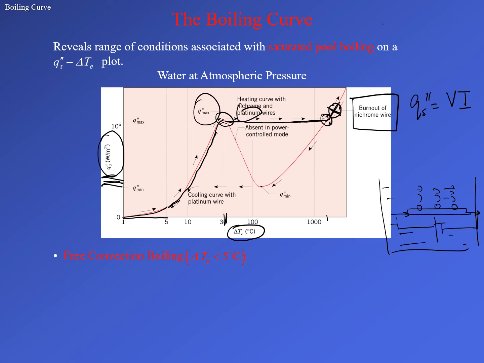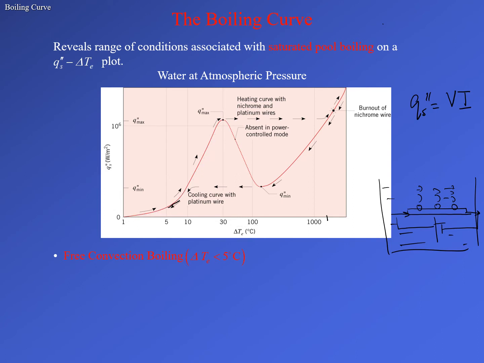So the experiment was conducted again using platinum wire, and what was noticed was that the platinum wire can go further up from here, because we still are much below the melting point for the platinum wire, so we could trace this curve.